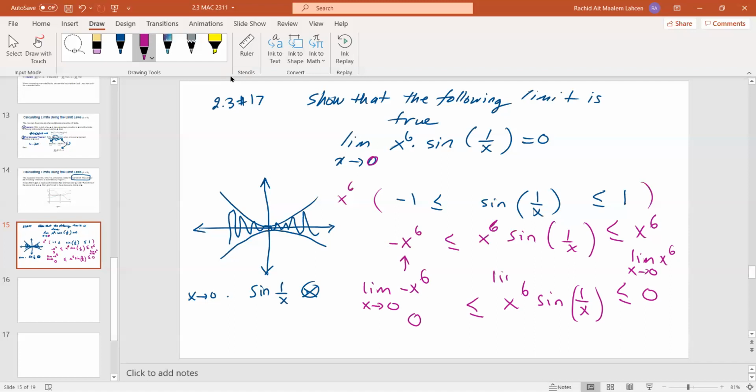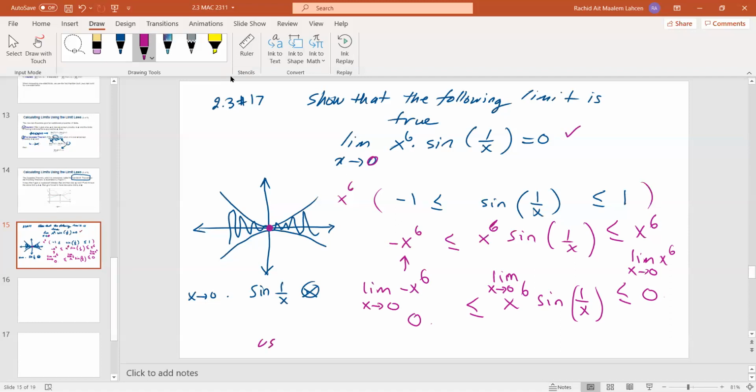So now, what does that tell us for this limit? That's 0 and 0, right? Then for this, it must be 0, right? So this is true.